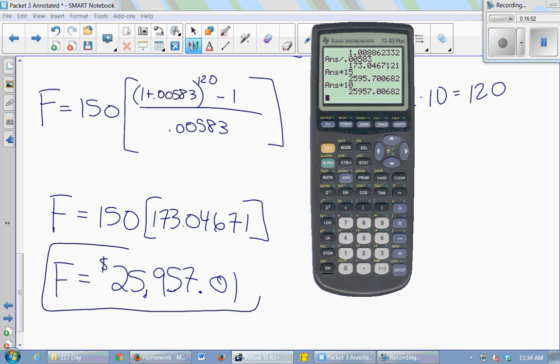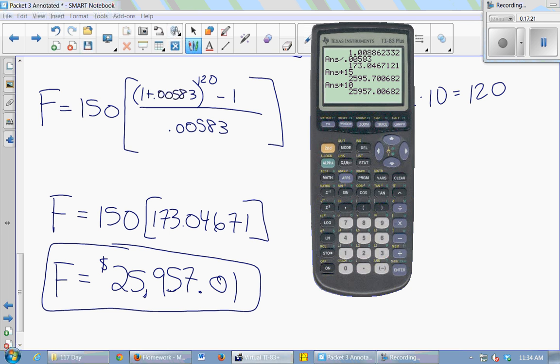Okay. This number might be slightly off from the answer that I have at the back of the packet because I rounded 0.00583. $5 off, yeah. Over the course of 10 years, $5. The decimals do make a difference, which is why I was teaching you to store the numbers.